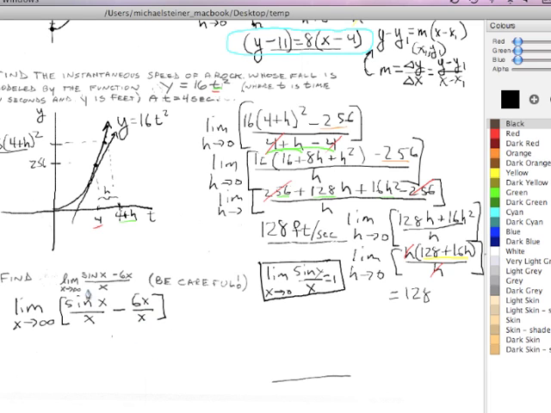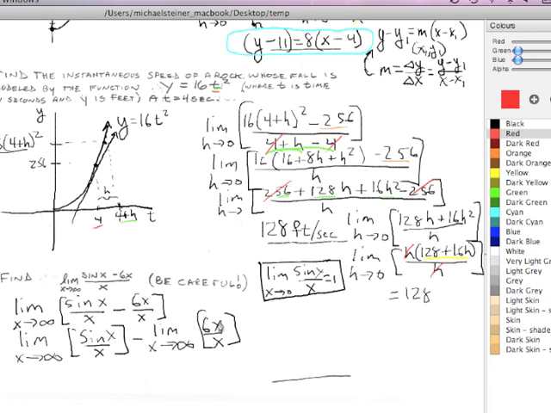Okay, so all I did was say that sine of x minus 6x over x is equal to these two terms separated. And this is equal to the limit as x goes to infinity of sine of x over x minus the limit as x goes to infinity of 6x over x.